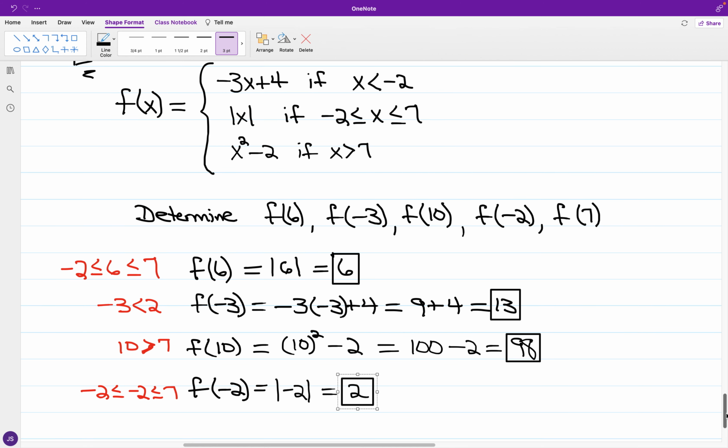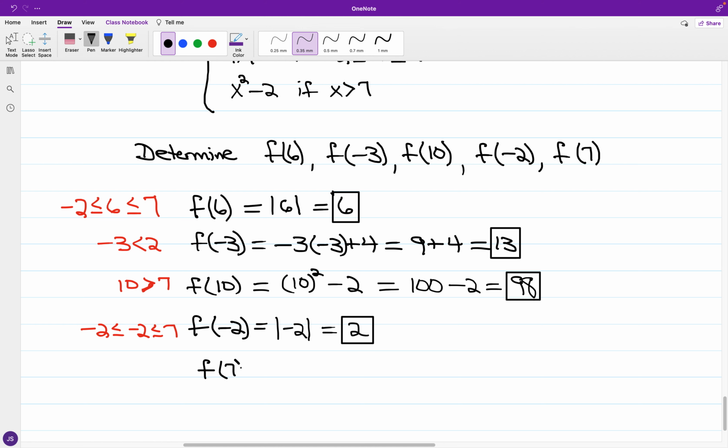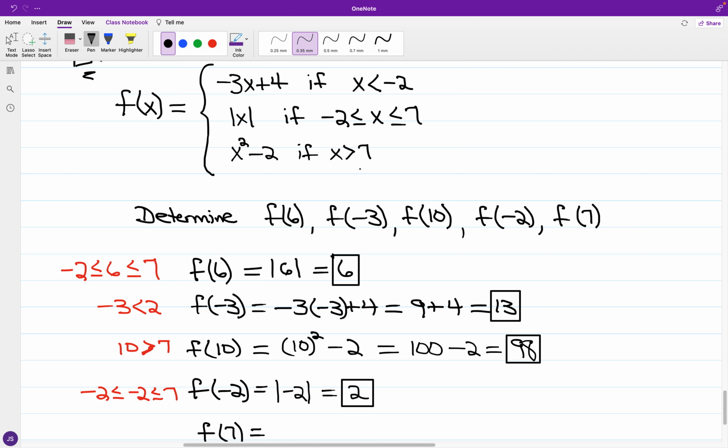And we have for f of 7, in this one case. So for 7, notice with the inequalities containing 7, if x is 7, I cannot use this last function since 7 cannot be greater than itself. But for the compound inequality, 7 cannot be less than itself, but it can be equal. So to say that negative 2 is less than or equal to 7, which in turn is less than or equal to itself, that is going to be true.